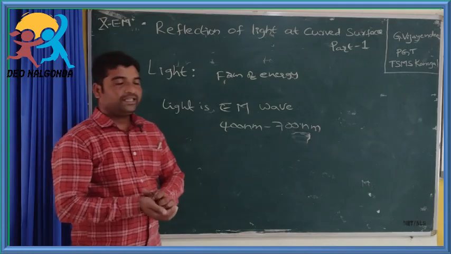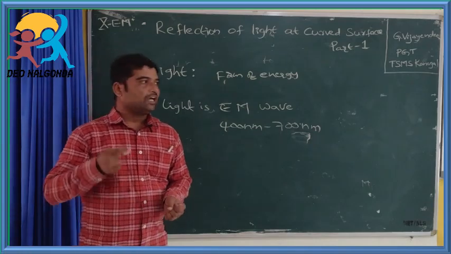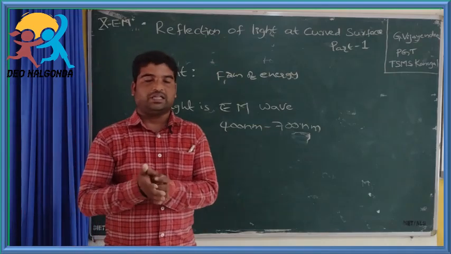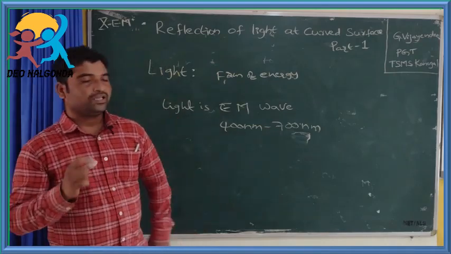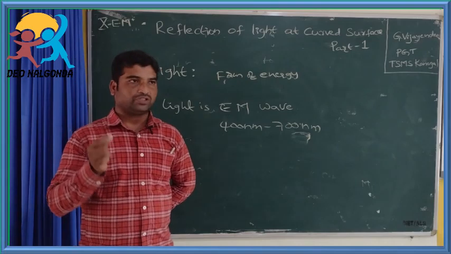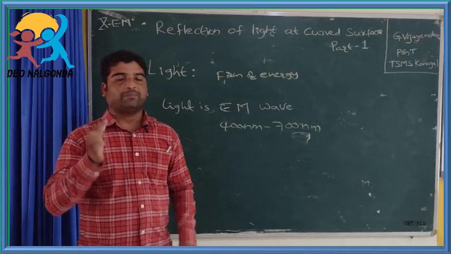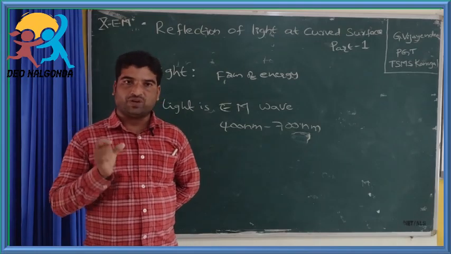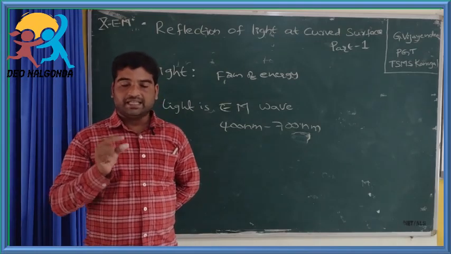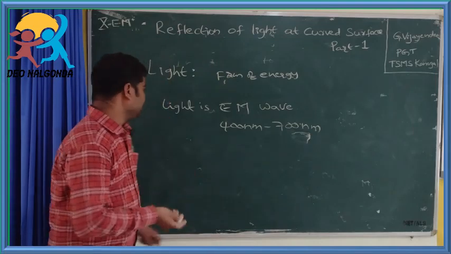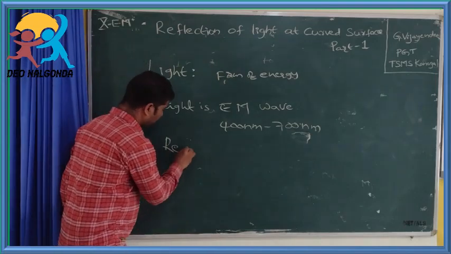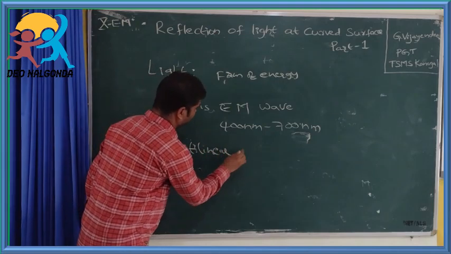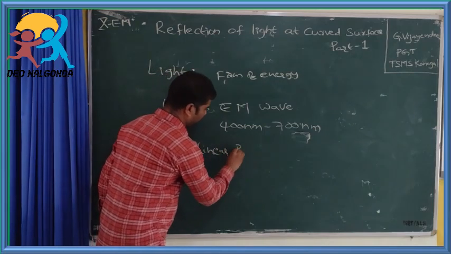Next, light is always traveling in a straight line. Propagation means traveling. Light is traveling or propagating in a straight line. This property or this propagation of light is called rectilinear propagation of light. Rectilinear means straight line.